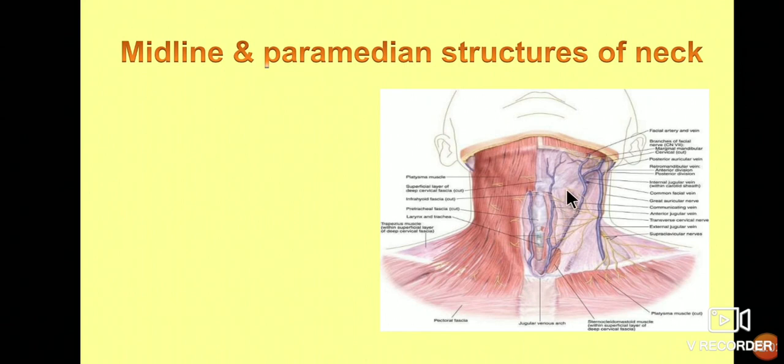In the same way, if you trace the investing layer above, it is attached to the lower border of the body of the mandible up to the angle, and then it continues as the stylomandibular ligament. Below, it is attached to the manubrium sterni and then the clavicle.